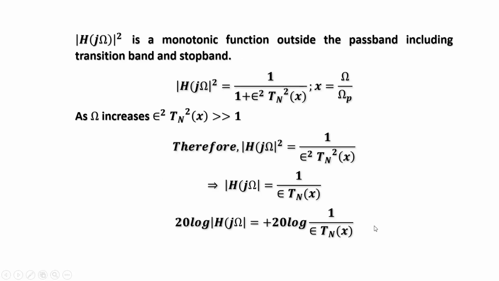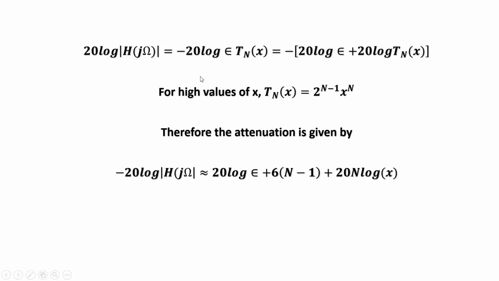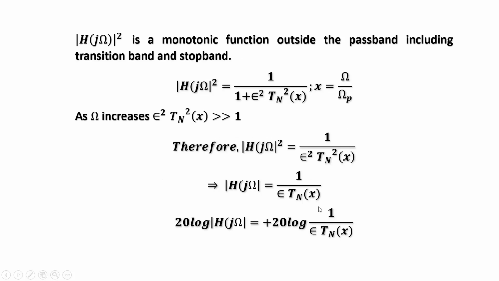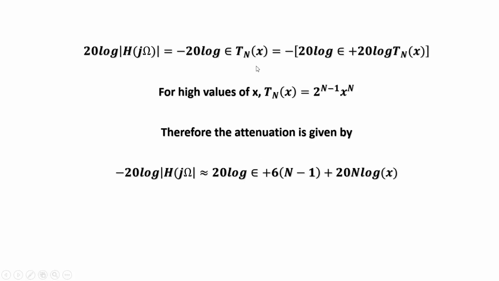You see here the term is 1 over epsilon Tn x. So you can expand this logarithmic term, because 20 log 1 will be 0, and in that case you will get minus of 20 log epsilon plus 20 log Tn x. This whole term is in brackets, and the negative sign is outside the bracket.